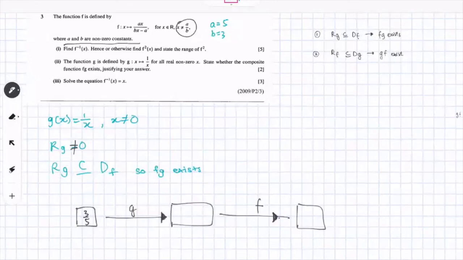X must not be equal to A over B, which is 5 over 3. X must not be 0.